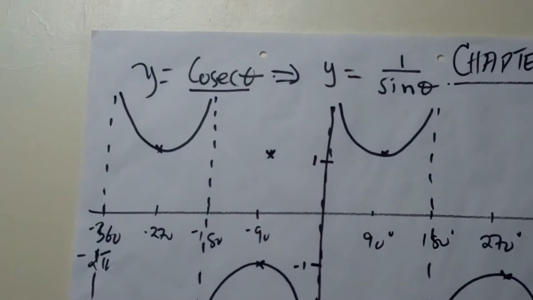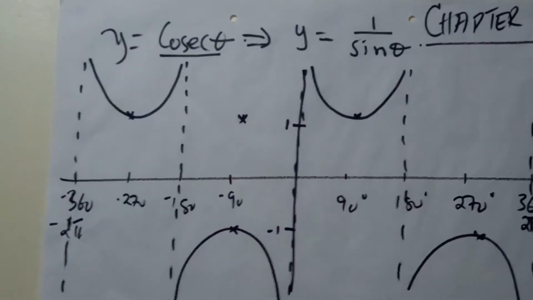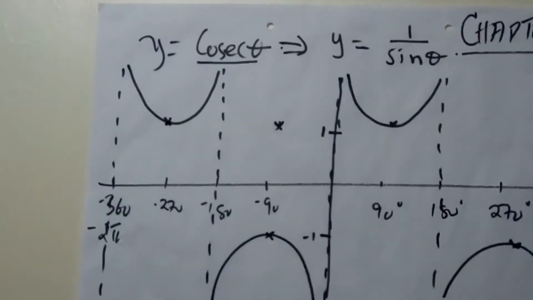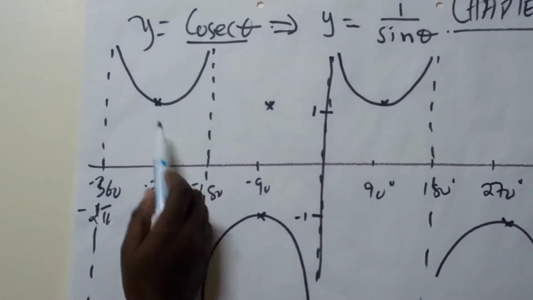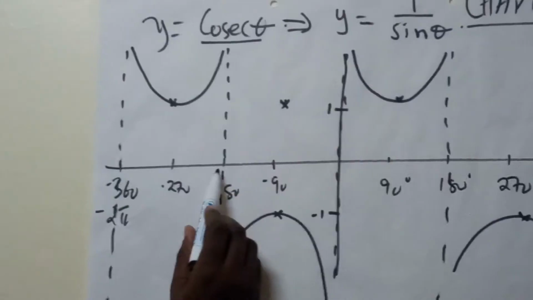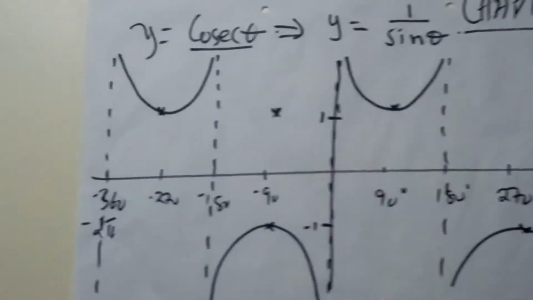But the sine of negative 270 degrees is actually 1, and 1 over 1 remains 1. But what happens just before we get to the next asymptote? We know that this is negative 181, slightly to the left of this line.